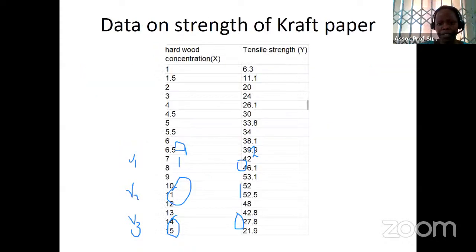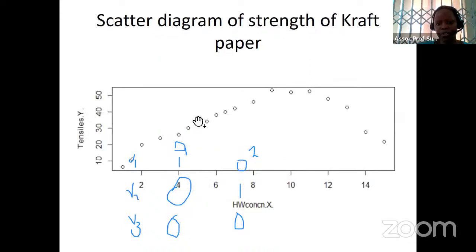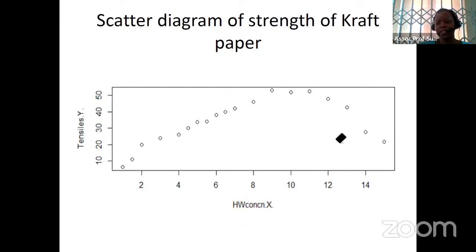For example, this is the tensile hardwood concentration and tensile strength, which is the data we are going to use in our practical. And when I plotted this data, I found that it has a curvilinear relationship as seen in the scatter diagram. Okay, so this is the relationship you see.